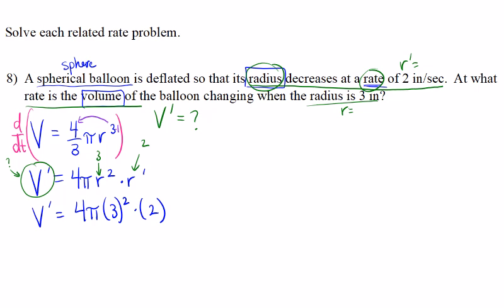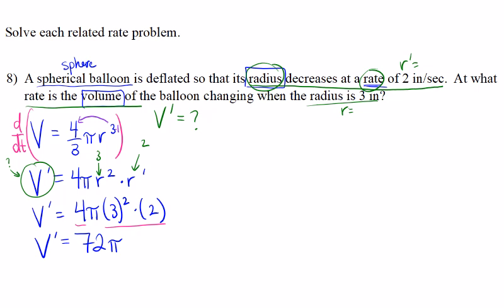So basically, again, we're just going to leave pi as it is and multiply all these together. We want to do 3 squared first because of PEMDAS, order of operations. So that's 9. 9 times 4 is 36. 36 times 2 is 72. So it's going to be 72 pi. And so that's our answer.